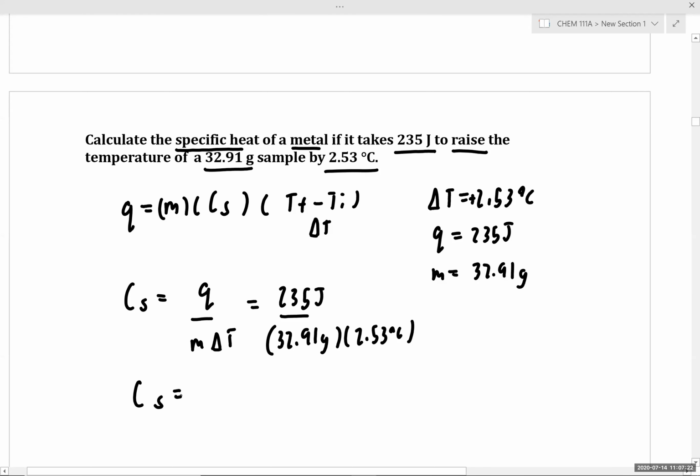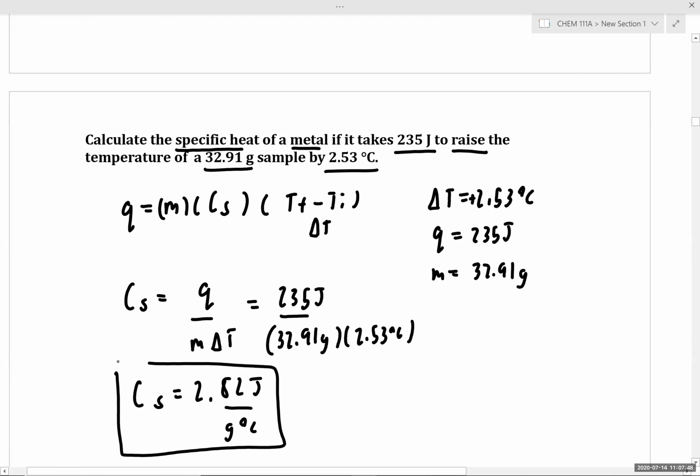So punching that into our calculator, that in turn gives us a specific heat of 2.82 joule per gram degree Celsius.